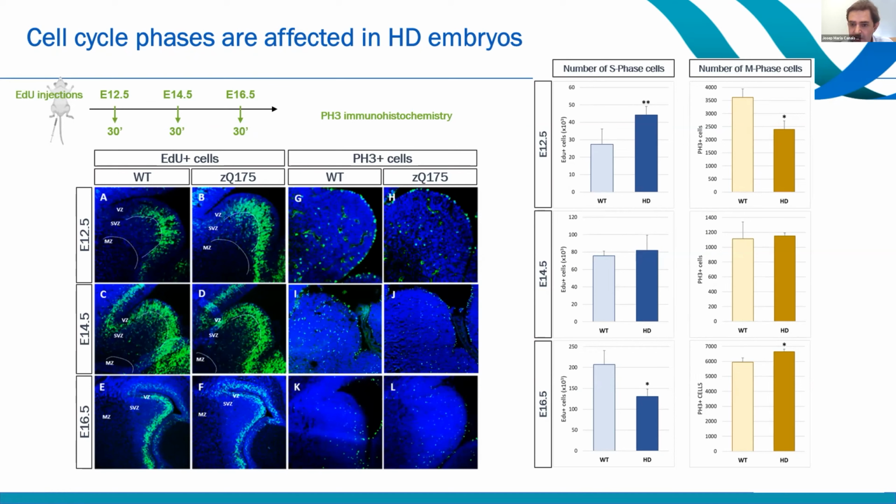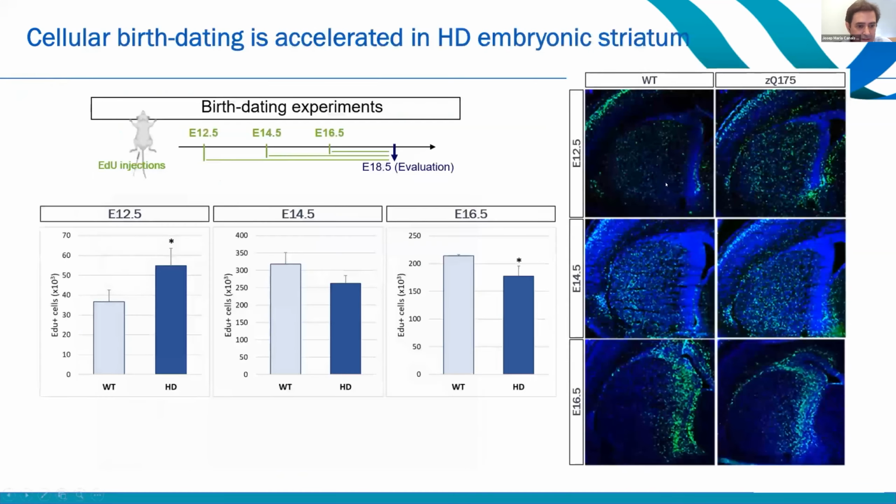This could be related to changes in the cell cycle, and these changes in cell cycle could alter the neurogenesis. So the next experiment that we performed is to analyze the birth dating of the cells in the striatum, and we observe that there is an increase of birth dating at E12. That, if you remember, is when the first wave of neurogenesis occurs.